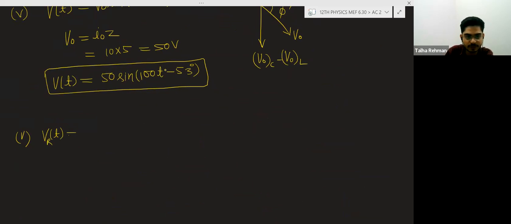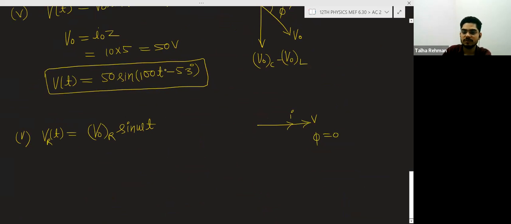What is the equation? V naught across the resistance sine omega t, because phase difference between the voltage and the current will be zero in case of the resistance.